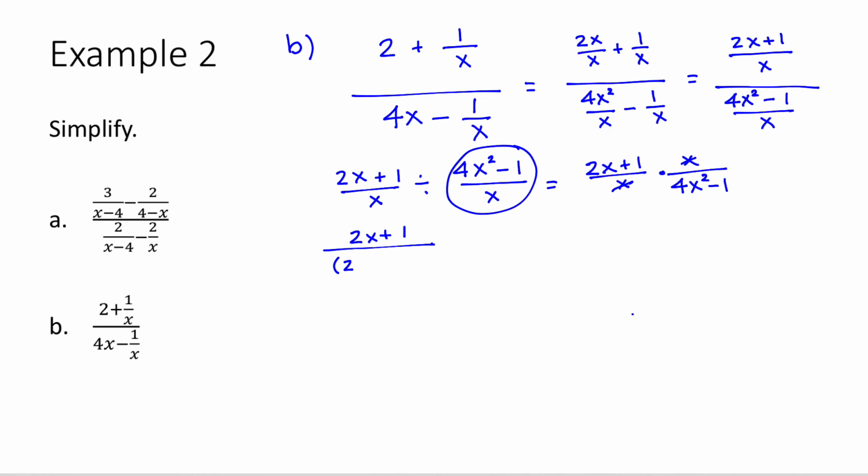But that 4x squared minus 1 can factor into 2x plus 1 times 2x minus 1. And now I've got another factor that cancels out, and this is 1 over 2x minus 1. Remember, when everything in the numerator is canceled out, there's always a factor of 1 left because we're dividing, right? So that's my final answer.